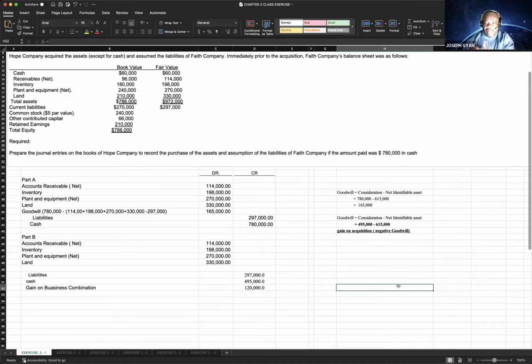The value of the company is 216 here, and you are paying only 495 to get a company. So you are gaining. But in the other case, the consideration is you are giving up 780, but the actual value of the company is 615. So you are paying extra money in order to get the company.